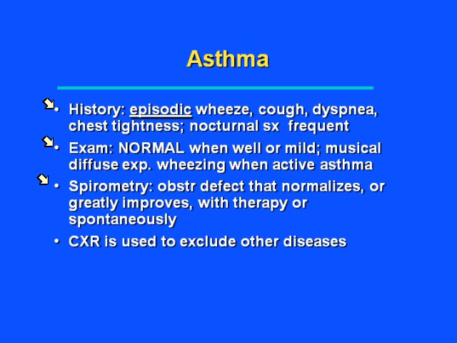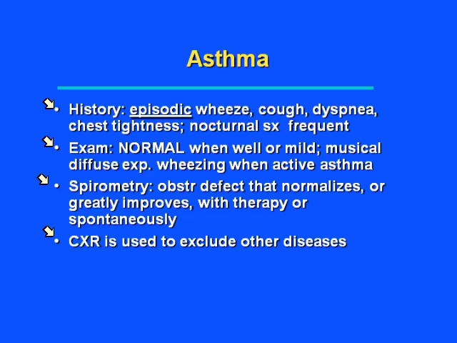The spirometry of the asthmatic, again, reflects the variation in the disease activity, so that spirometry will have an obstructive defect that normalizes or very greatly improves with therapy or spontaneously, and worsens, sometimes very dramatically, when the patient is ill.